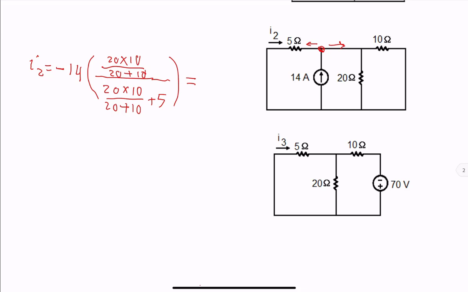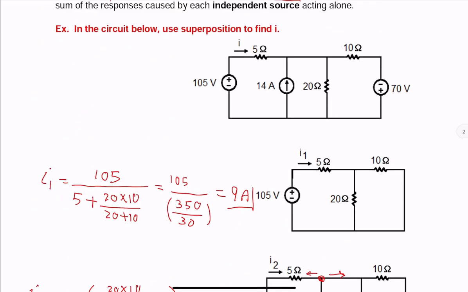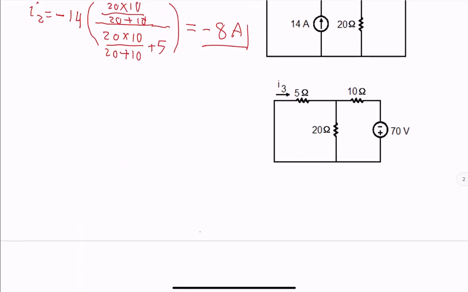This gives us negative 8 amps. And finally, going back to the original circuit, we keep that voltage source, open circuit the 14 amps, and short circuit 105. So this is our third circuit.